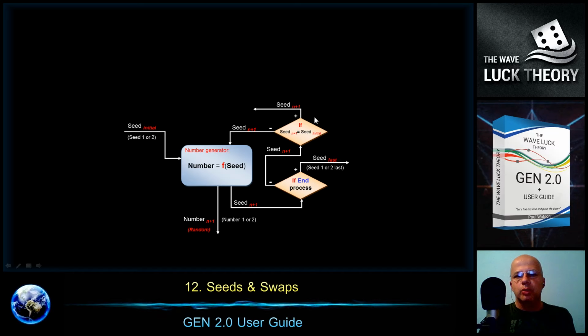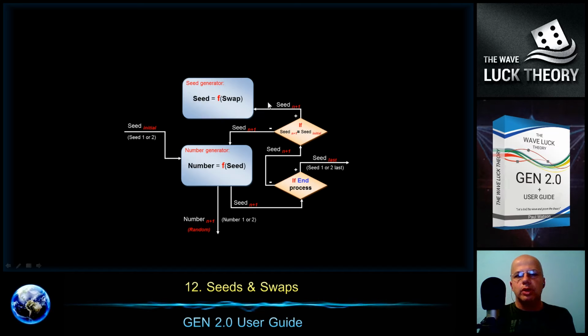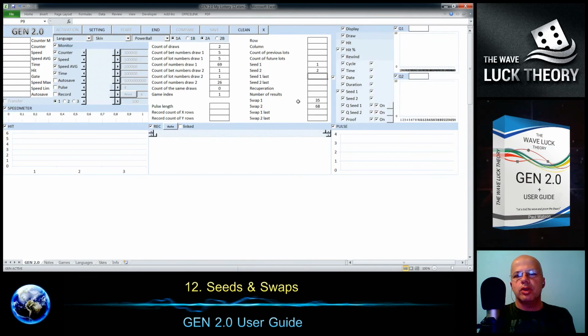So in that moment, the seed goes to the seed random number generator, where the seed is a function of the swap number, and here we are using as the initial value the swap number we created in the gene right here.